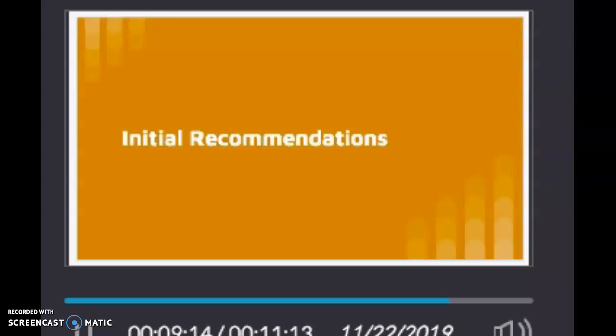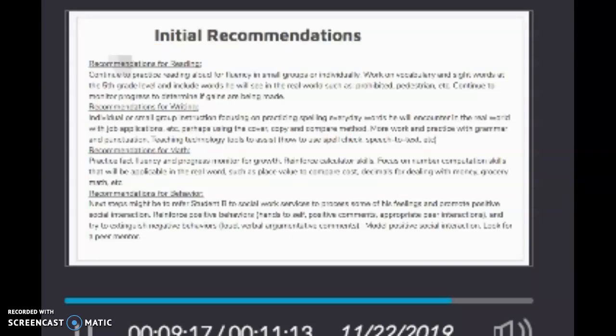Initial recommendations. My initial academic recommendations take into consideration the fact that the student is a senior who is about to graduate, and he's significantly below benchmark, and he has been for most of his school career.